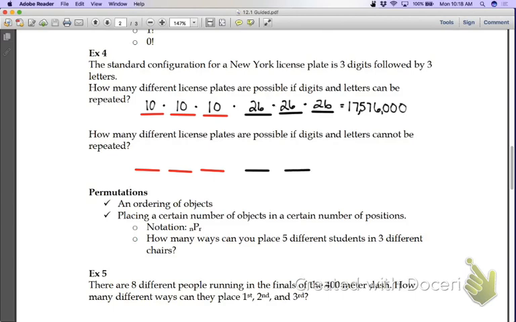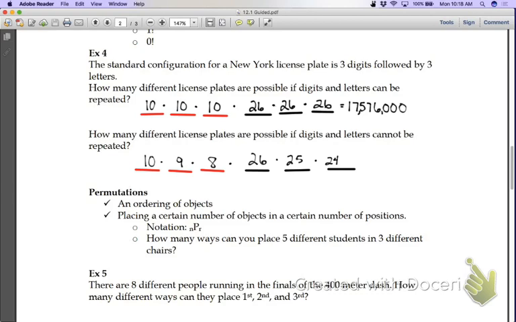So how are my first red blanks going to count down? 10, 9, and 8, right? And then for the last 3 blanks, it's going to go 26, 25, and 24.